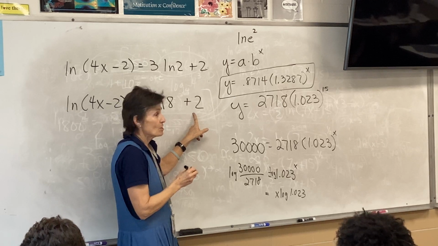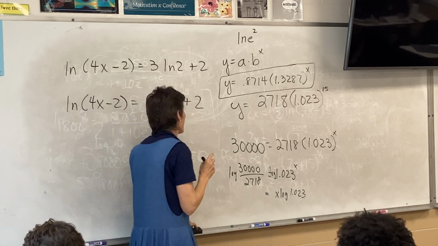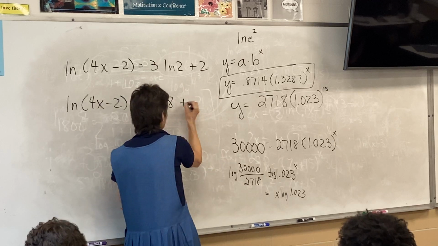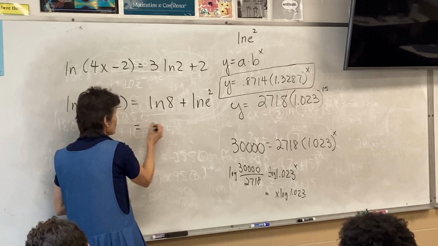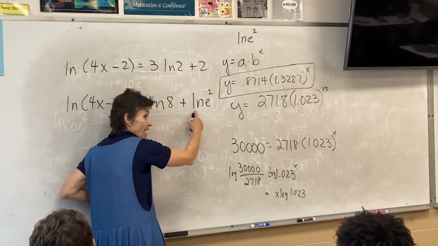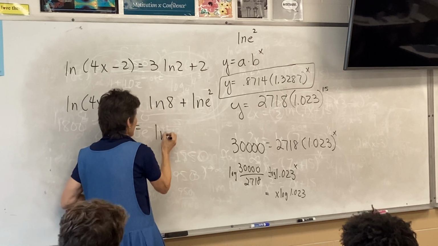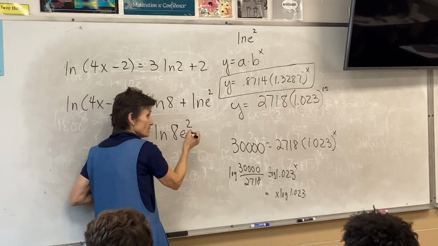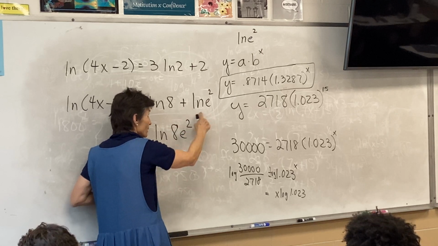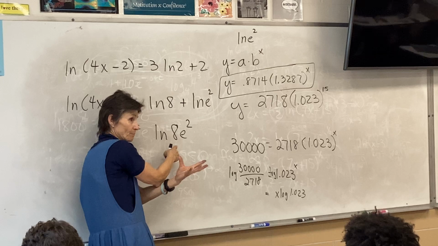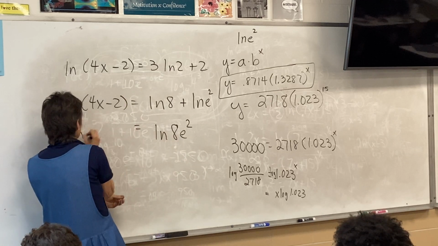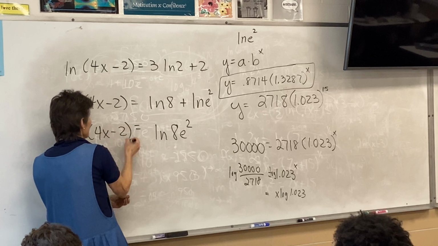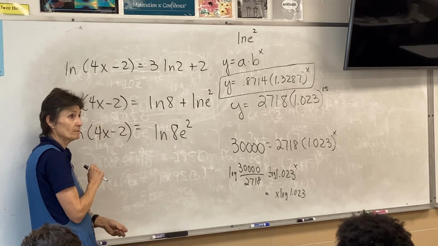So you could say plus ln e squared. Then you can put these two together and say ln 8e squared, because a plus, they go together as a multiplication, right? Your properties of logarithms.